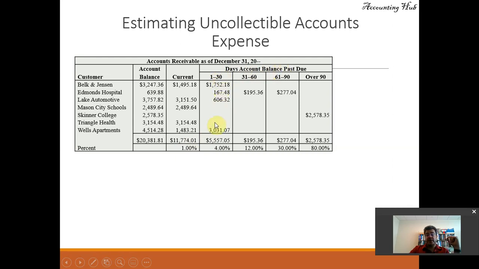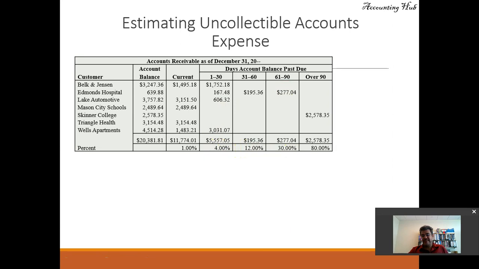From 1 to 30, this number, and we estimate that 4% will not be collected. 31 to 60, 61 to 90, over 90. And it's quite obvious here. The more days that we have past due, the higher is the percentage of uncollectible accounts.